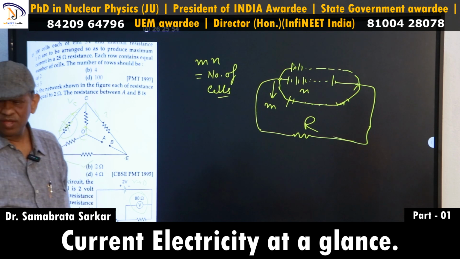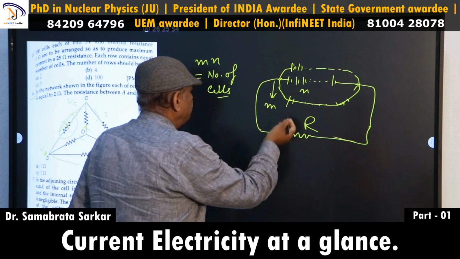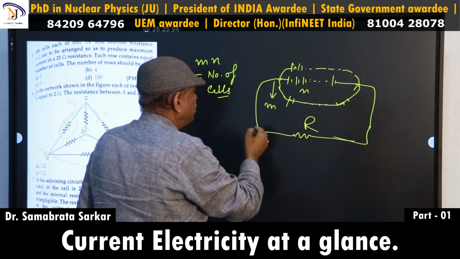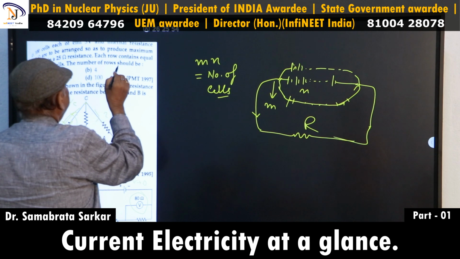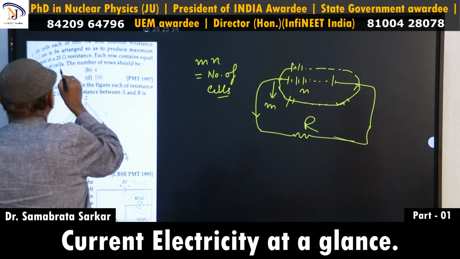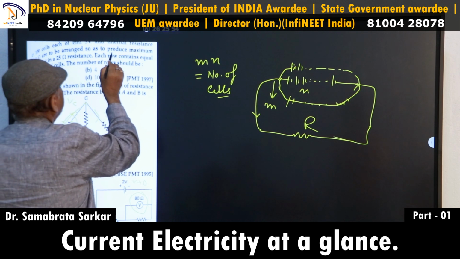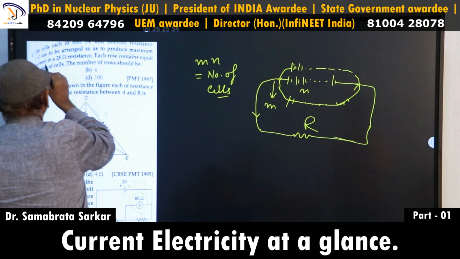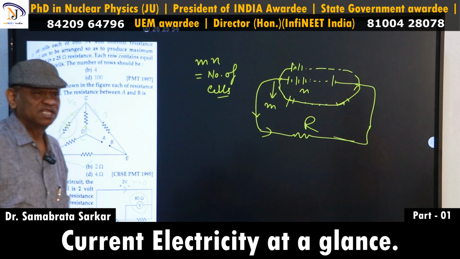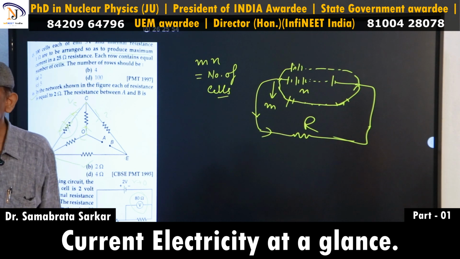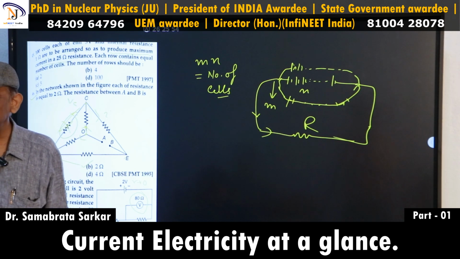It is very easy. How can you solve this problem? The rows each contain an equal number of cells, to produce maximum current in the external circuit.